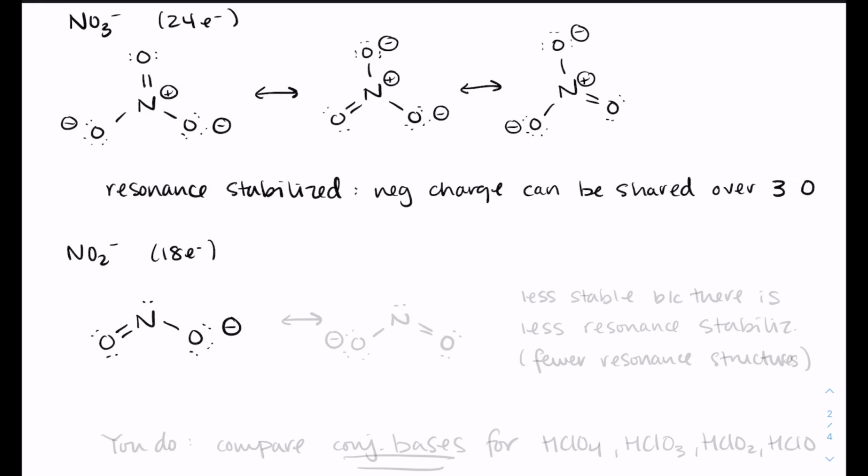And the amount of resonance stabilization just depends on the number of resonance structures that exist that are equivalent. So NO2 minus: less stable, less resonance stabilization, fewer resonance structures. NO3 minus: more resonance structures, more stable conjugate base. A more stable conjugate base means a stronger acid.